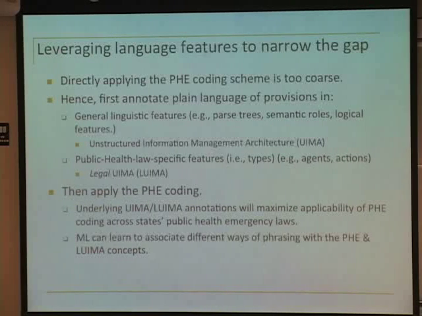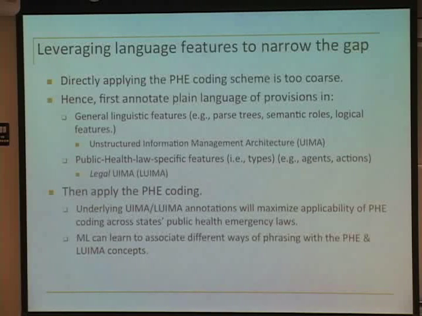So we're thinking about first annotating the plain language of the provisions in terms of general linguistic features, and then annotating it in terms of public health law specific features, agents, actions, and so forth, and then applying the PHE, the public health emergency coding.